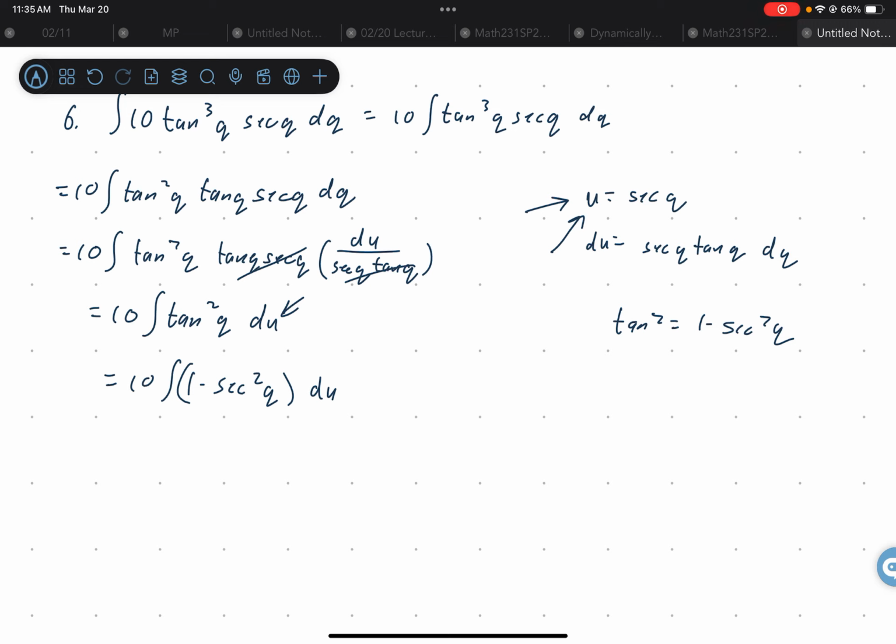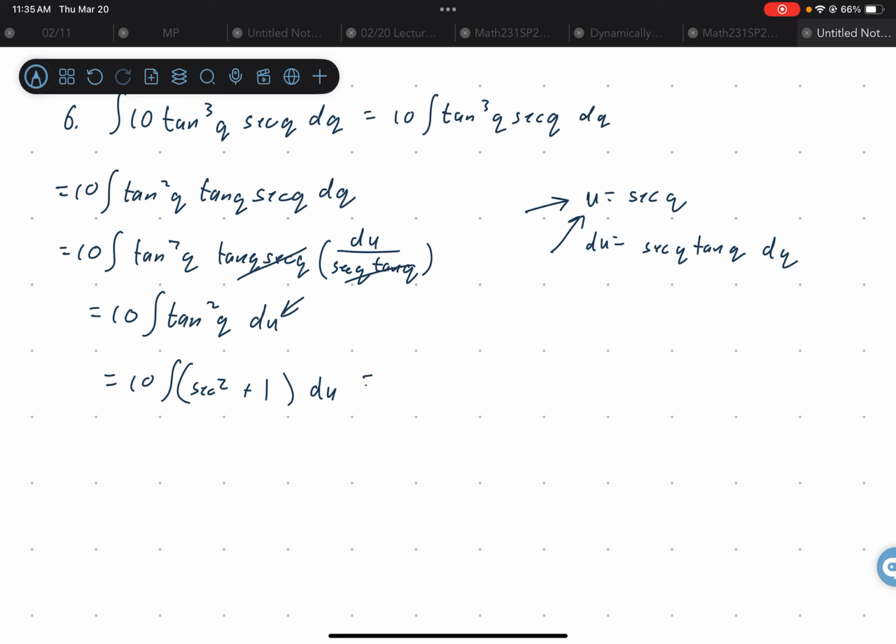Wait, this is not right. Tangent squared plus 1 equals secant squared, which means that it's going to be secant squared minus 1. Okay, sorry about that. That's better.